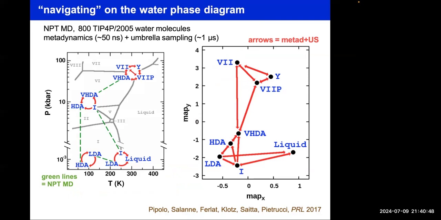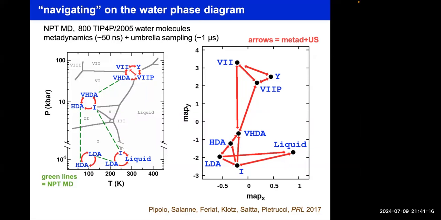We exploited the combination of metadynamics and umbrella sampling, and we demonstrated, I think for the first time, that it's possible to go from liquid to crystal, even from amorphous to crystal, from crystal to crystal, all with the same space of collective variables, the same space of order parameters. We don't have to change the definition for each transition. It's quite general.